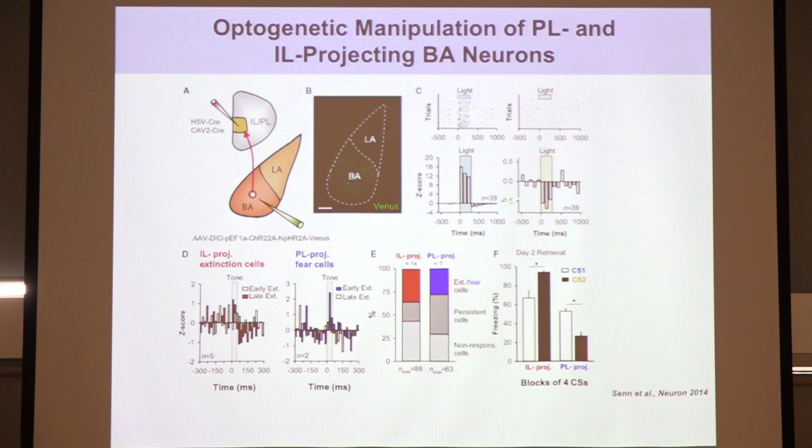So this is an example of neurons we were able to drive using this strategy. Here each dot corresponds to an action potential, and each line corresponds to one trial.